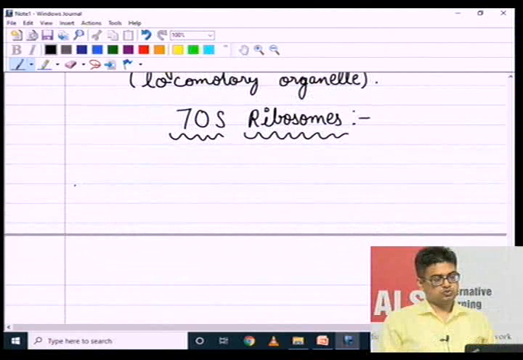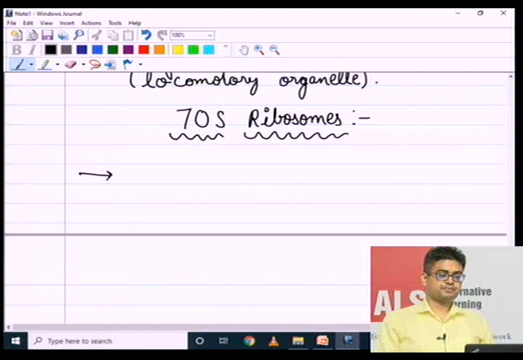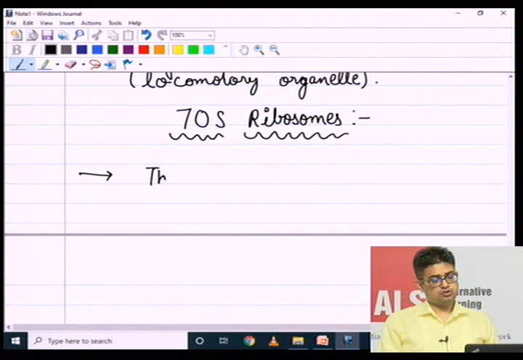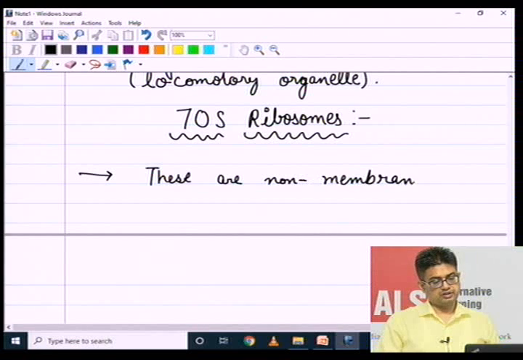So what are the 70S ribosomes like? These are non-membrane bound organelles. Flagella is covered by cell membrane, but it is not covered by plasma membrane.